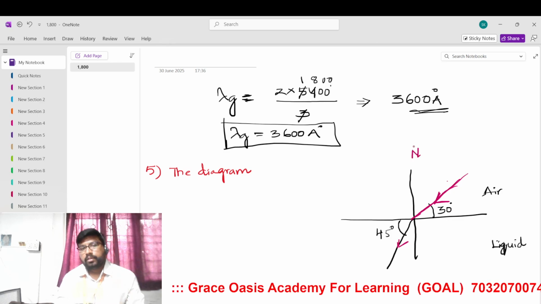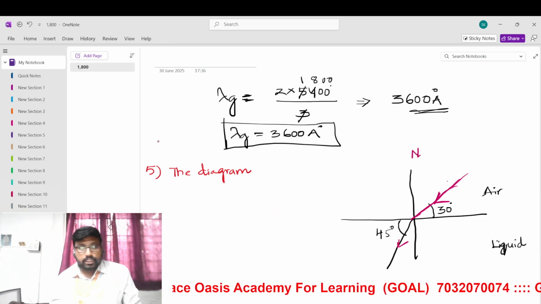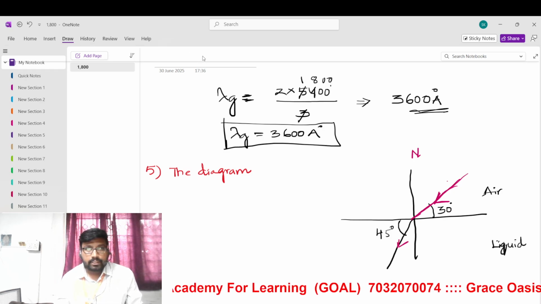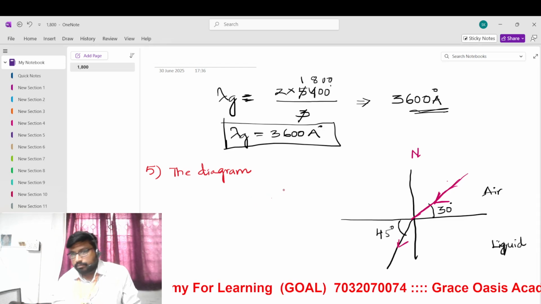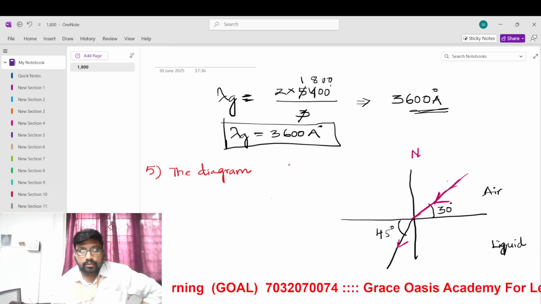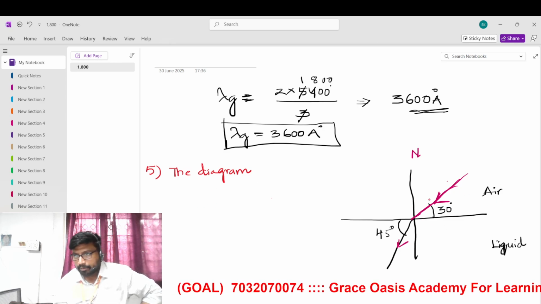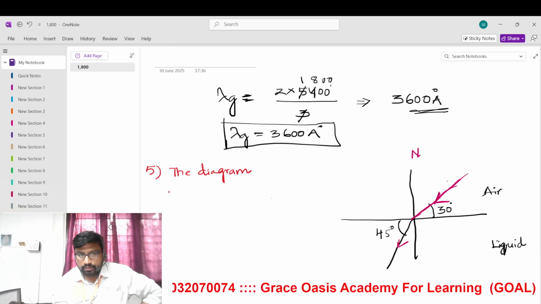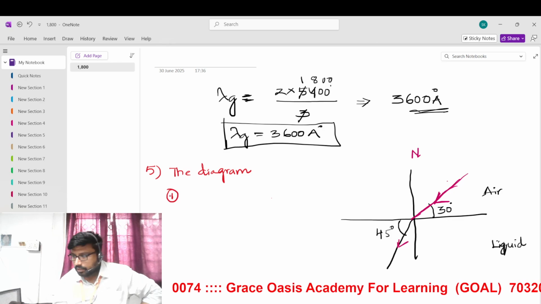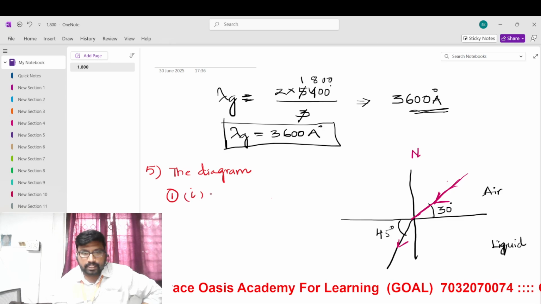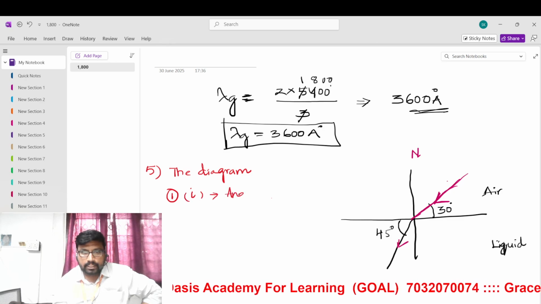So what he is asking in the question, in the diagram, refraction of a ray of light from air to liquid, we can see refraction is happening. First thing is to find out I, angle of incidence.